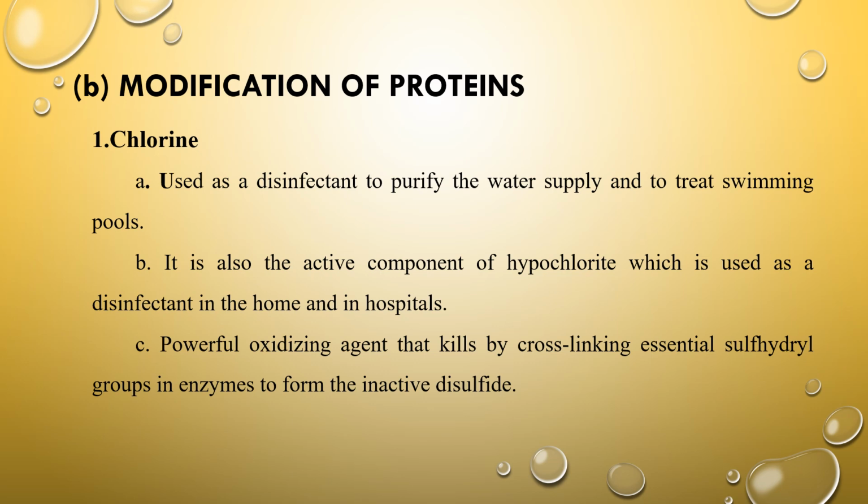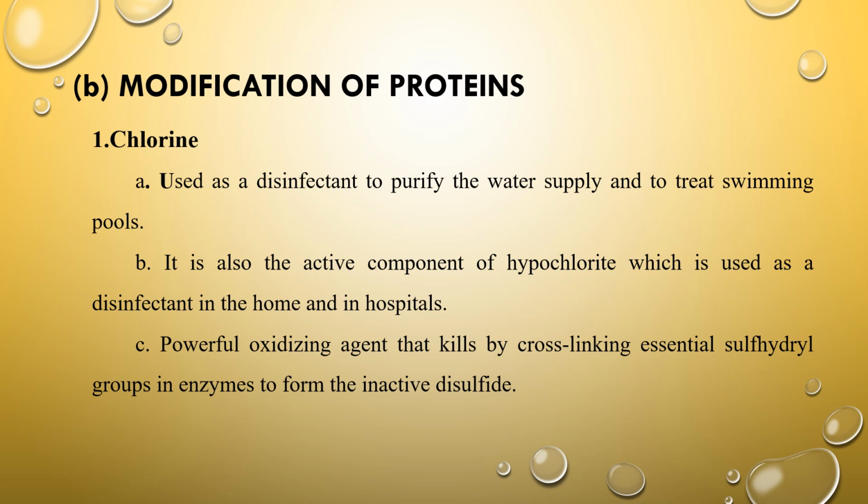Second, modification of proteins. Modification of proteins involves seven disinfectants: chlorine, iodine, heavy metals, hydrogen peroxide, aldehydes, ethylene oxide, and acids. First, chlorine. Chlorine is used as a disinfectant to purify the water supply and to treat swimming pools.